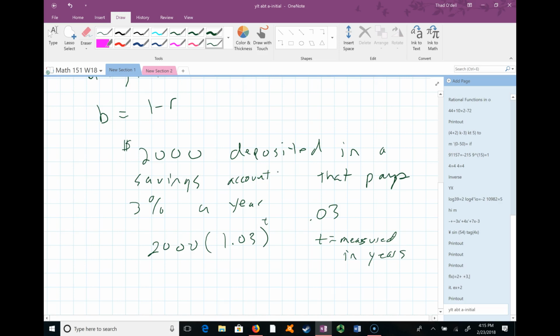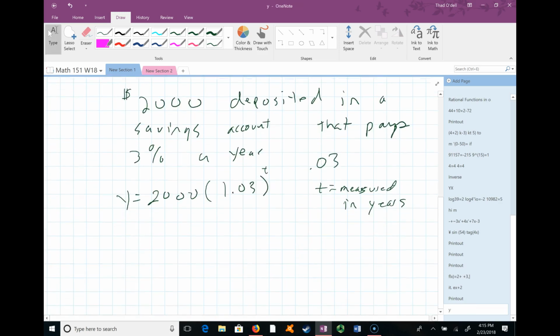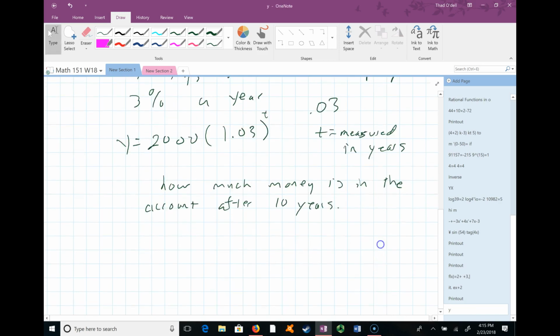Okay? So we could use this equation to find, say, how much money is in the account after 10 years, if I don't add anything else to it. So we'd say y is equal to 2,000 times 1.03 raised to the 10th power.